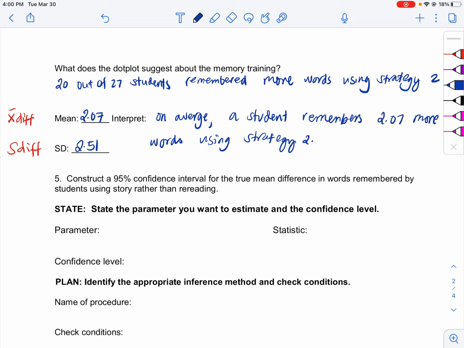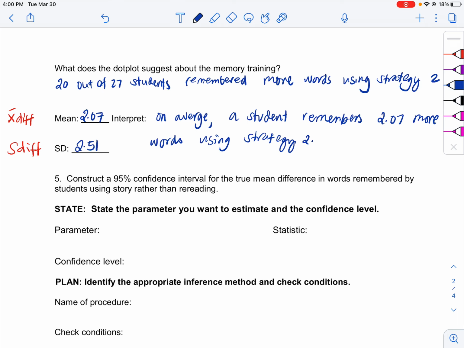So I'm hoping that you see the difference between this lesson and the previous lesson called difference in means, because in that lesson we have two different groups of people. Like we have all adults, all children, women versus men, juniors versus seniors.